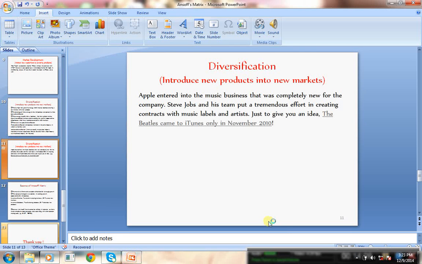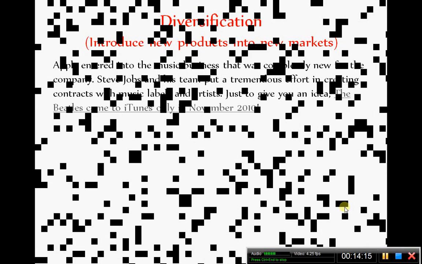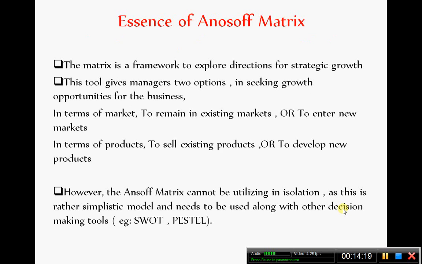Yeah, think different. Very impressive video clip. So, before I conclude, there are a couple of things to be noted when understanding the Ansoff matrix model. The matrix is a framework to explore strategic direction for growth.